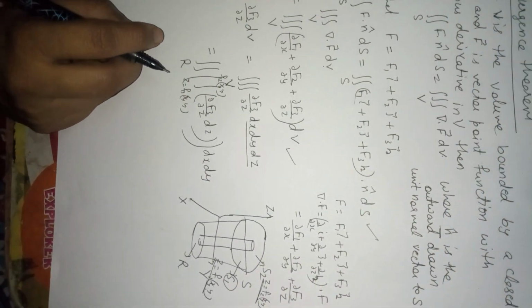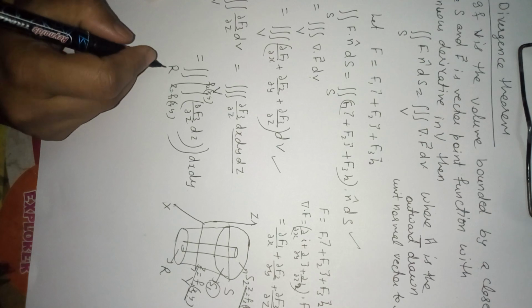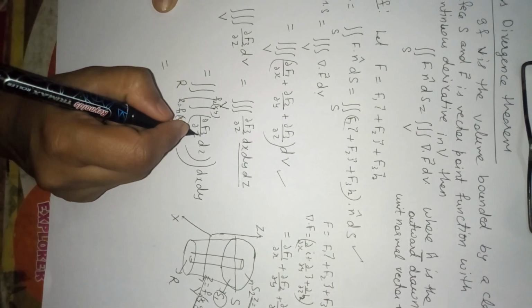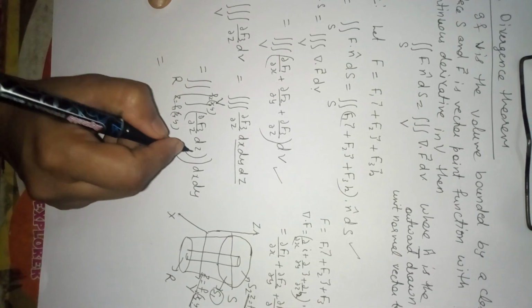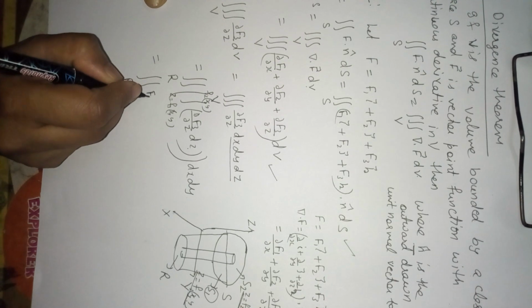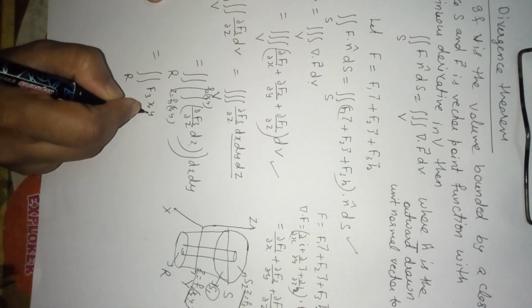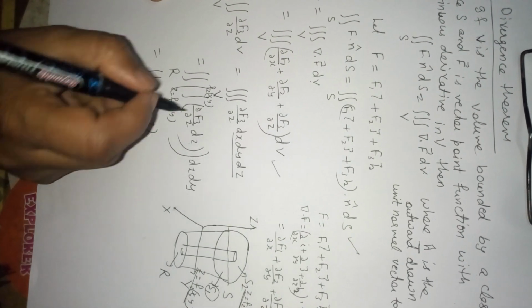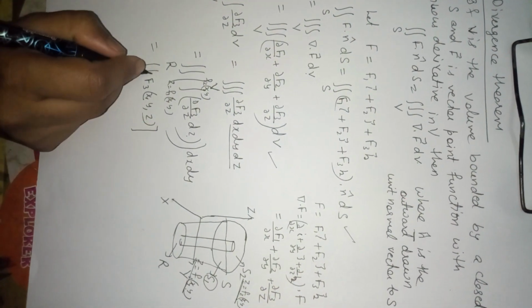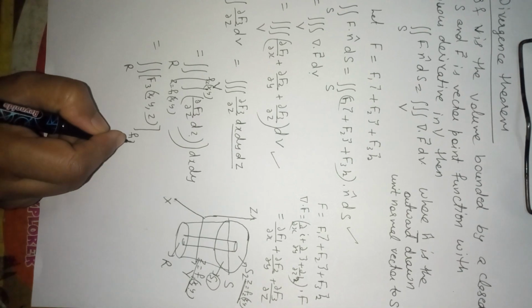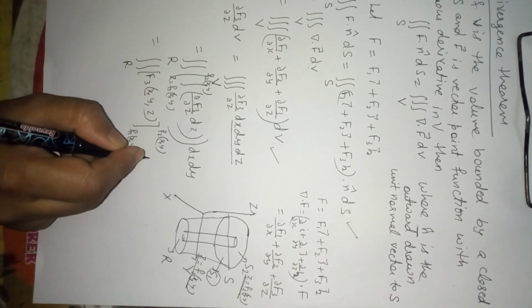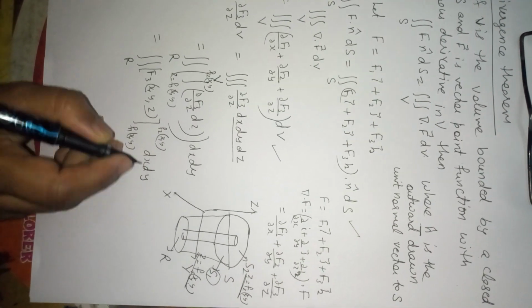When we integrate this part, because it is a partial derivative with respect to z and we integrate with respect to z, this gives us F3(x,y,z), because F1, F2, F3 are functions of x, y, z, with z from f1(x,y) to f2(x,y), dx dy.